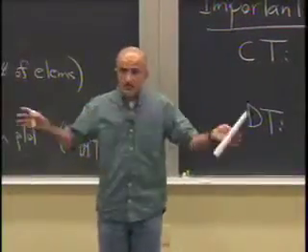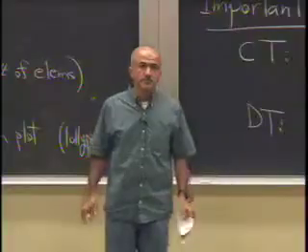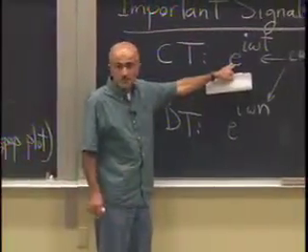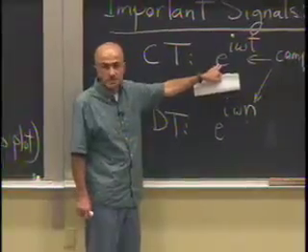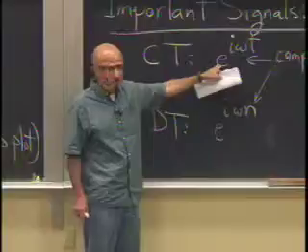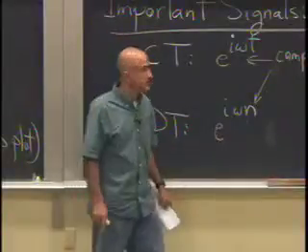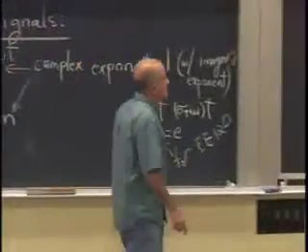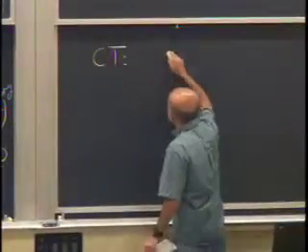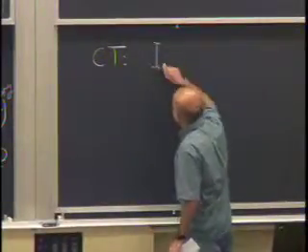So you divide and then you conquer. Those are two main reasons why this is important. And this is going to become your buddy for the rest of the semester, and its discrete time counterpart as well. Another signal that's very important is the impulse.